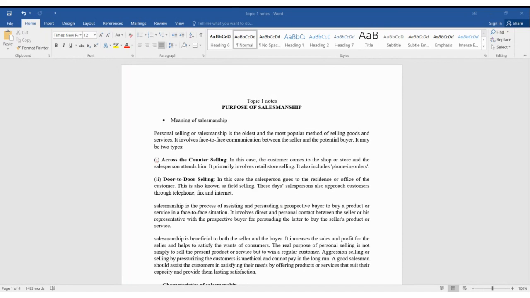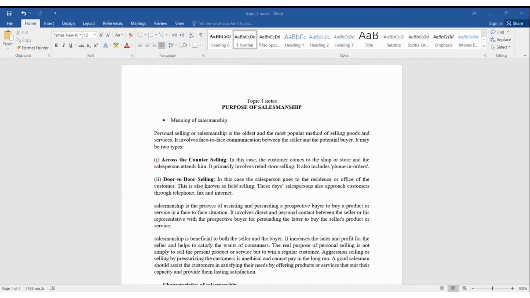Two types actually happen: one, over-the-counter or across-the-counter selling, or two, door-to-door selling. In this case, the salesperson goes to the residence of the customer and sells to them. At times, it's referred to as field selling.